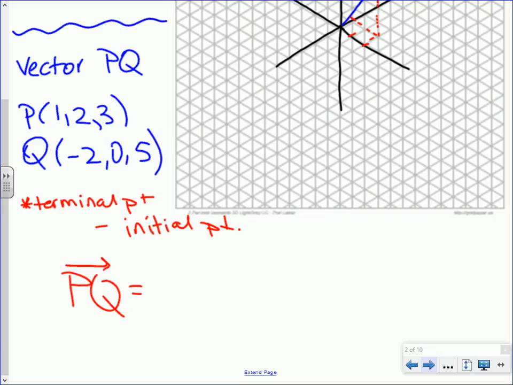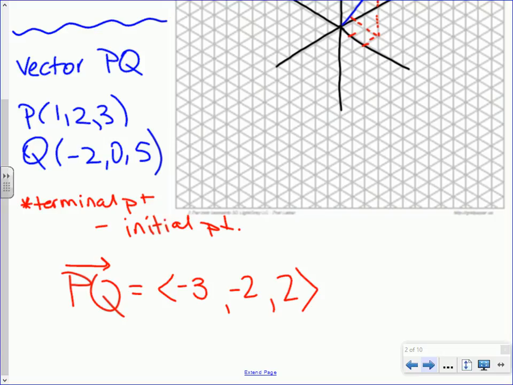So Gabe, the vector PQ would be what? Negative 3, negative 2, 2. If we take terminal minus initial, would we get negative 3, negative 2, 2? Yes.